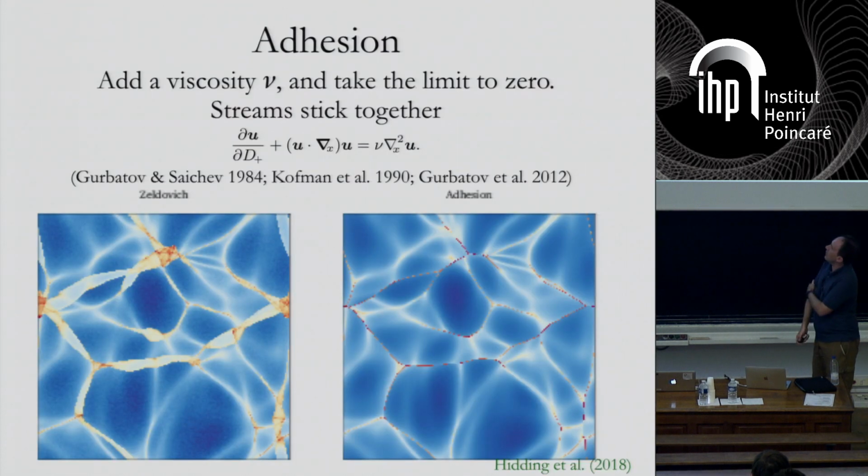Okay, so this is a two-dimensional Zeldovich realization done by Johan Hidding, who's responsible for much of the first part of this work, a student with Rien in the back.